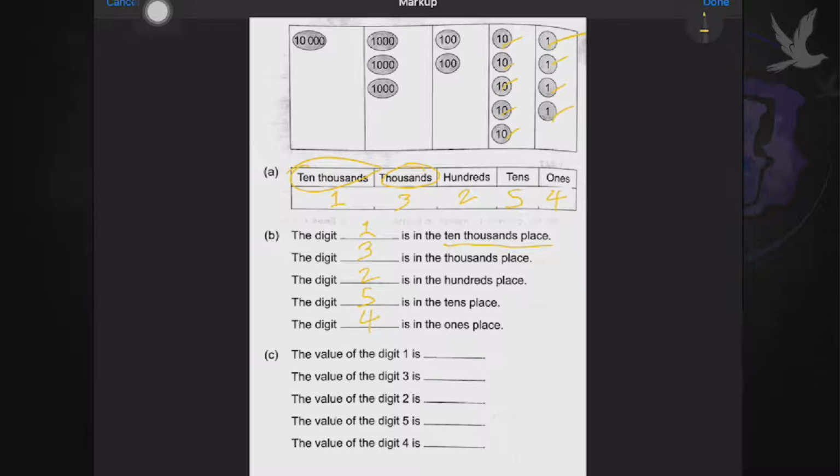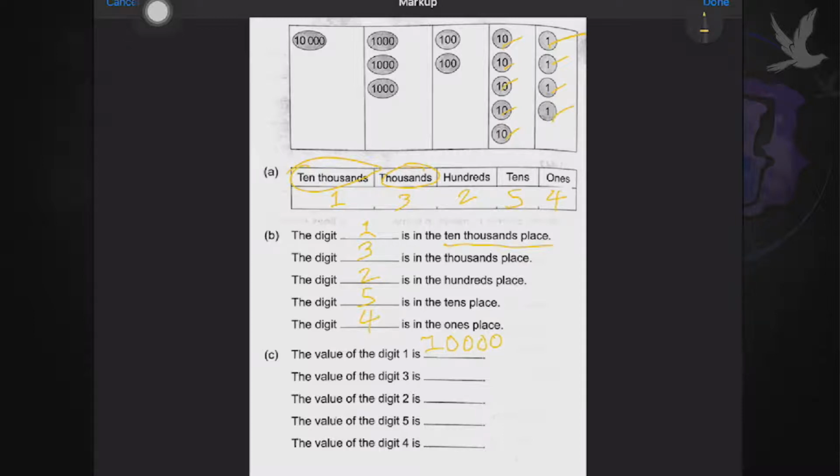Okay? So the next set of questions says the value of the digit 1. What is the value? When you say value, it's actually the actual value of that number. So for example, in this case, since it's under 10,000, you are going to give its value of 10,000. It depends on the number.